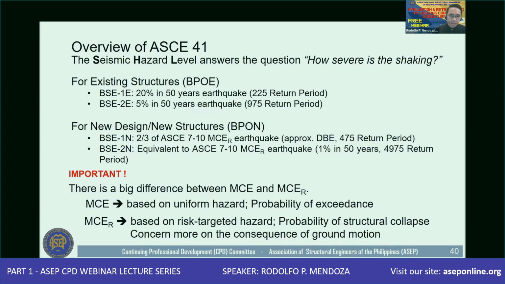While if I say 1% in 50 MCER, that 1% is not the probability of happening, but the probability of collapse. There's a 1% probability that a structure would collapse in 50 years. So those two are really different, and we should recognize the difference between these two definitions.